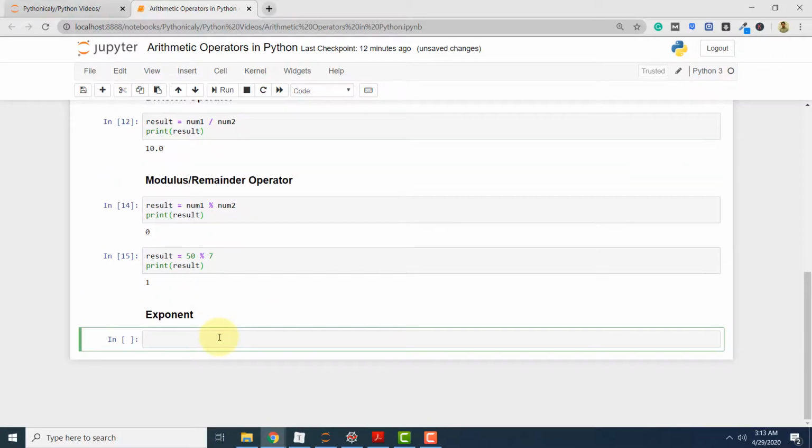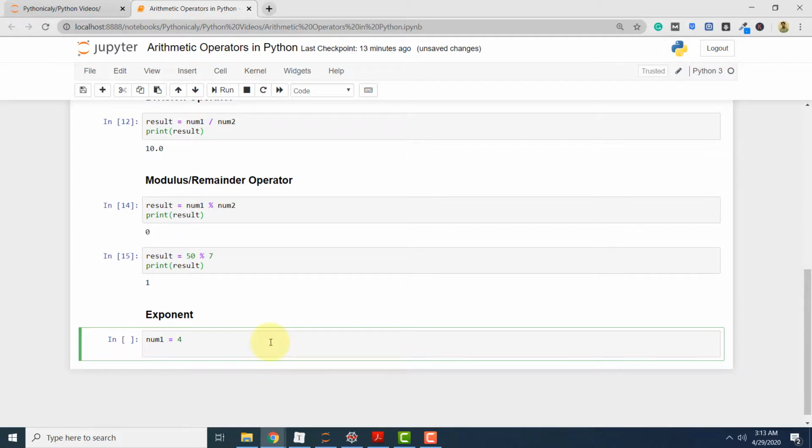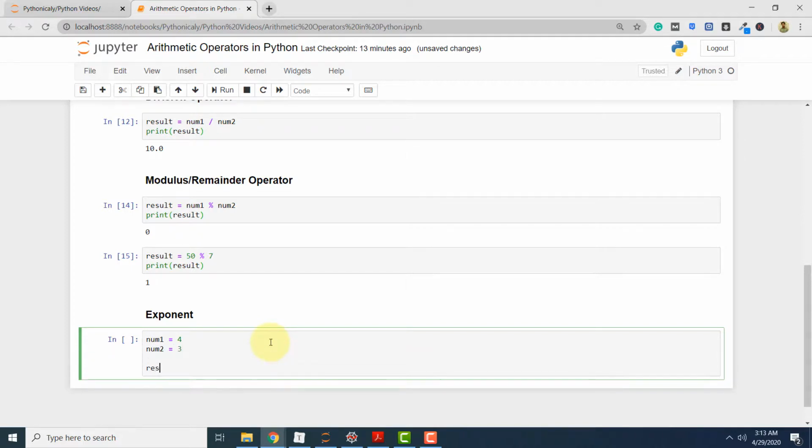Finally, we have an exponent operator. Exponent operator is basically used to take power of one number with respect to the other, and in Python the double asterisk symbol is used to take the exponent. So suppose you have num1 is equal to 4, and num2 is equal to 3, and then you have result is equal to num1 double asterisk num2.